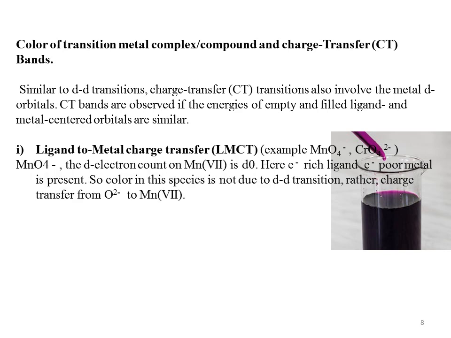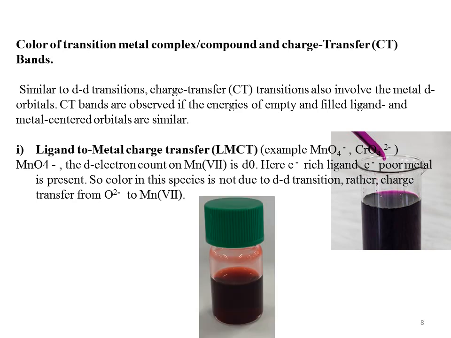MnO4⁻, the d electron count is d0 क्योंकि मेटल मैग्नीज यहाँ पर +7 ऑक्सीडेशन स्टेट में है. हम ये कह सकते हैं here electron rich ligand but electron poor metal is present. So the color in this species is not due to the d-d transition, rather charge transfer from oxygen to manganese.